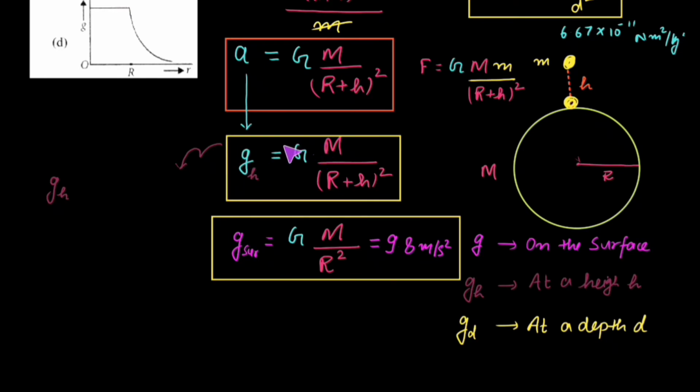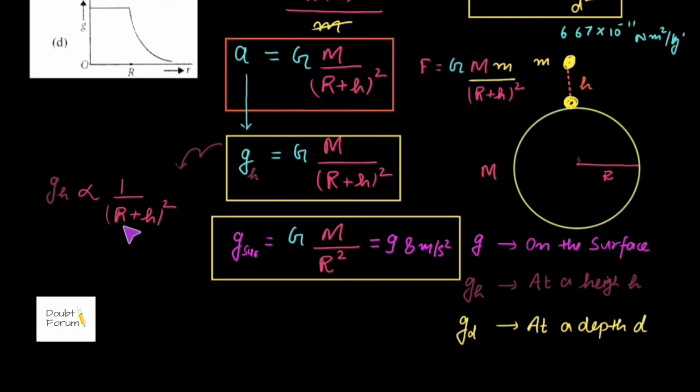The capital G is a universal constant, it remains the same everywhere, and the value of capital M is the mass of the Earth, which is also constant. So from here we can write that the acceleration due to gravity at a certain height is inversely proportional to (R plus h) square.